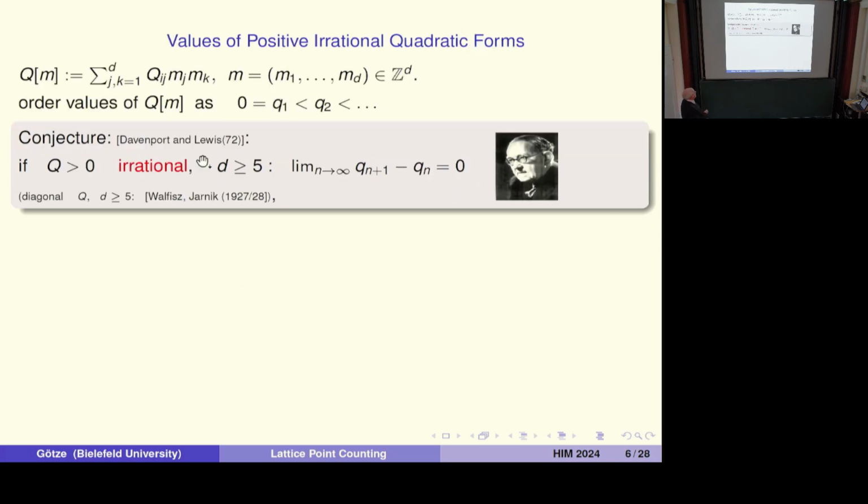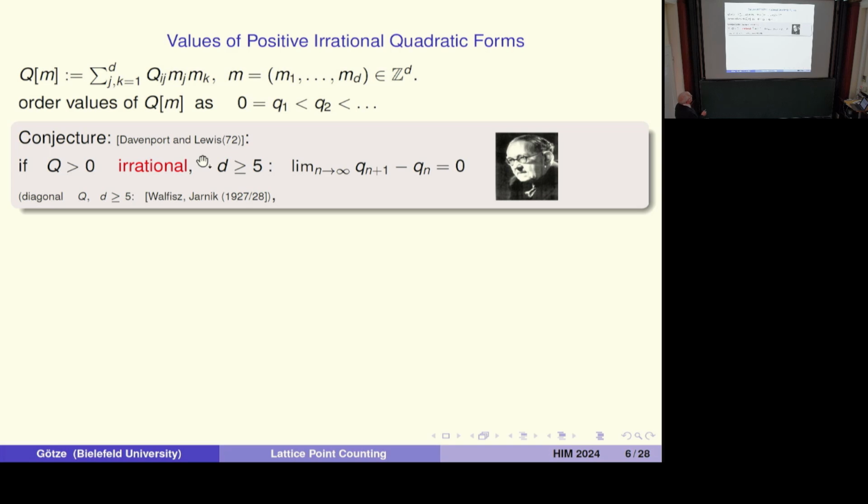Okay, now we generalize the problem. We now take not a sum of squares, but a general quadratic form with a coefficient matrix Qij, which is positive. So it's a positive definite form.